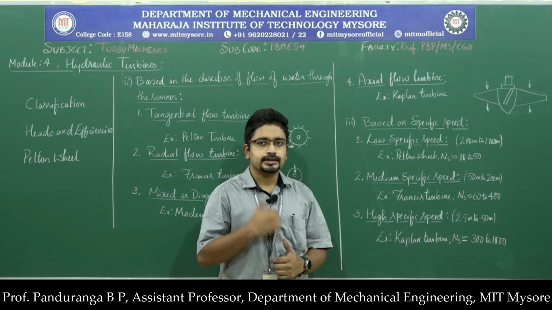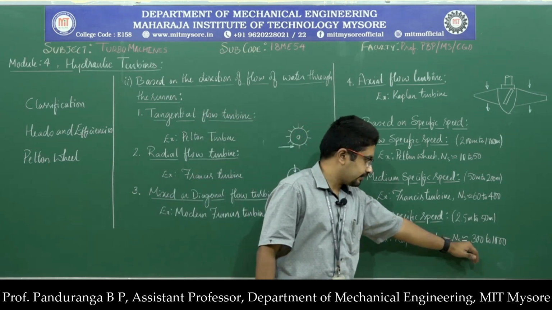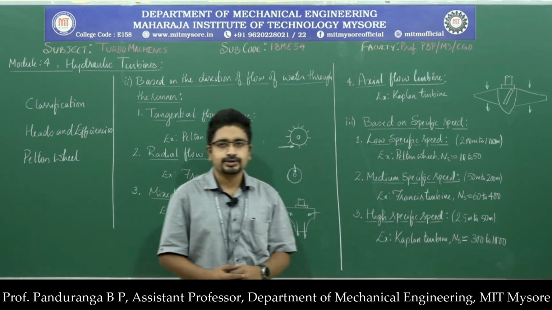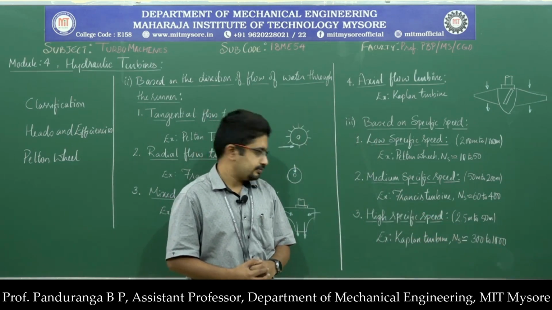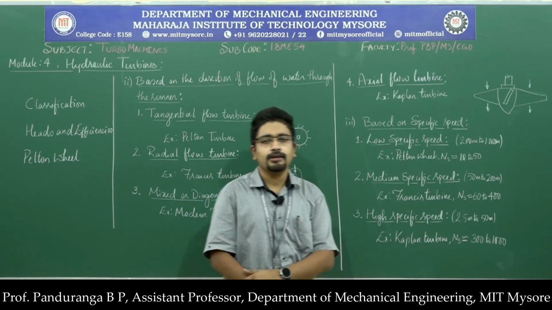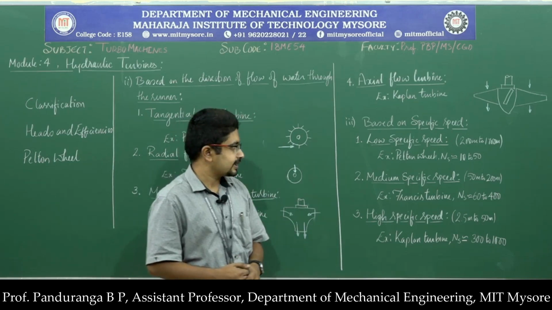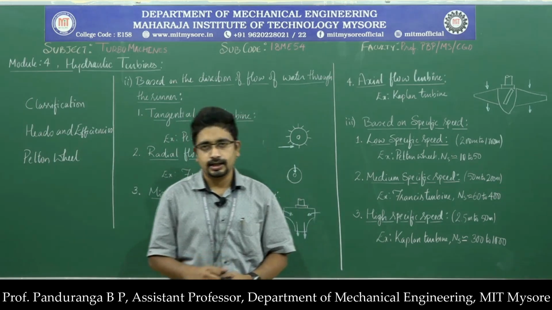Because of that, the specific speed value will be very high, in the range of around 300 to 1000. Here the example is the Kaplan turbine or propeller turbine. These are the examples as well as the classification of hydraulic turbines.